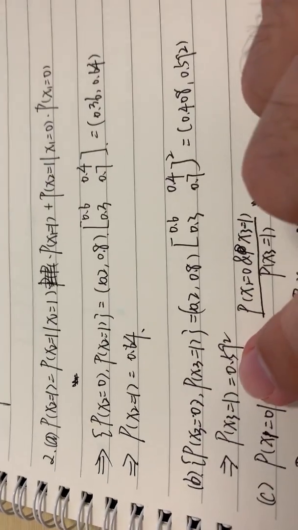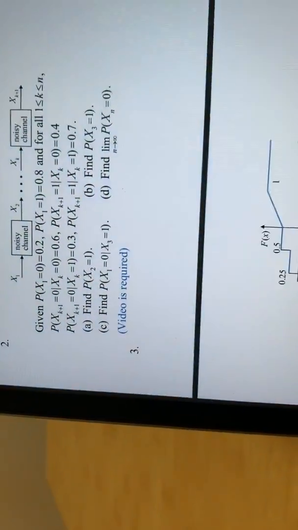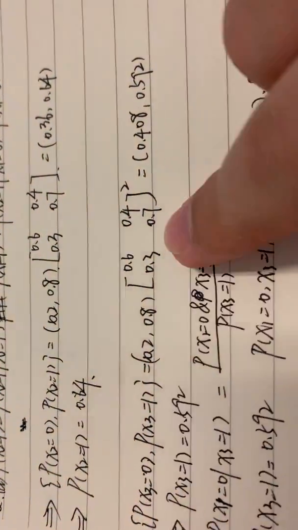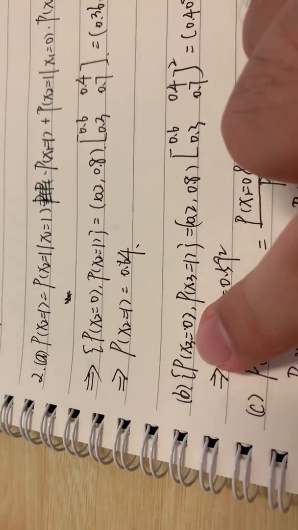Okay, we come to the second question. The second question is that we should find the probability that x3 equals 1. We use the matrix and the vector in the first question, and we can write it down.